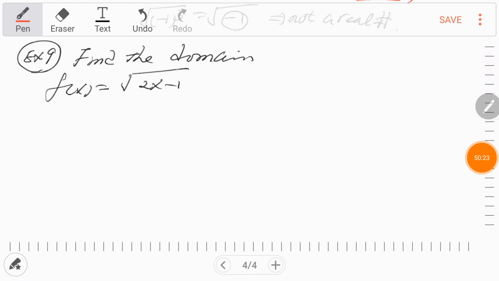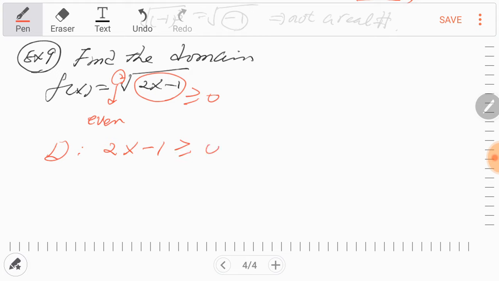Okay, in example 9, let's find the domain of this function. This is a square root, which is even. So the domain comes from the radicand, which has to be greater than or equal to 0. The radicand is 2x minus 1, so 2x minus 1 has to be greater than or equal to 0. Then solve for x.